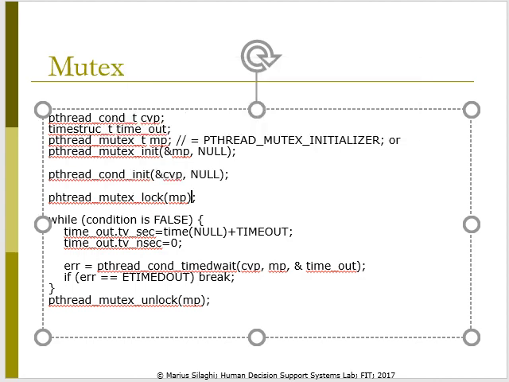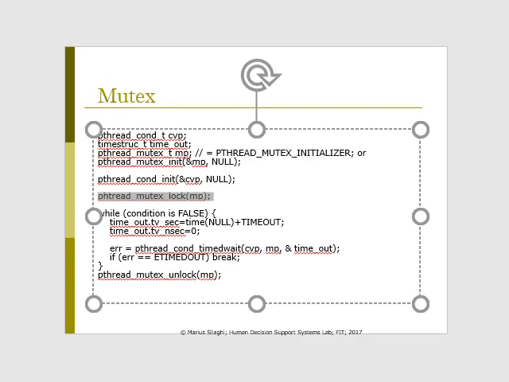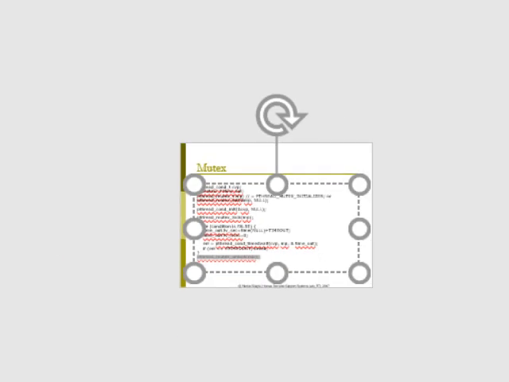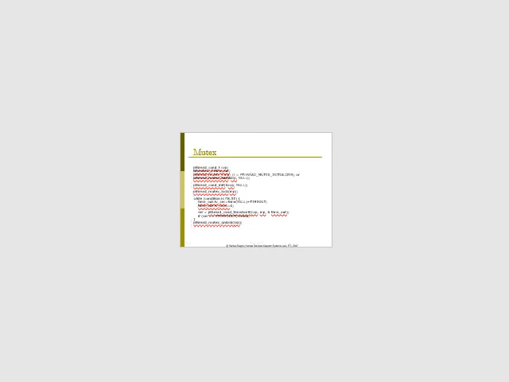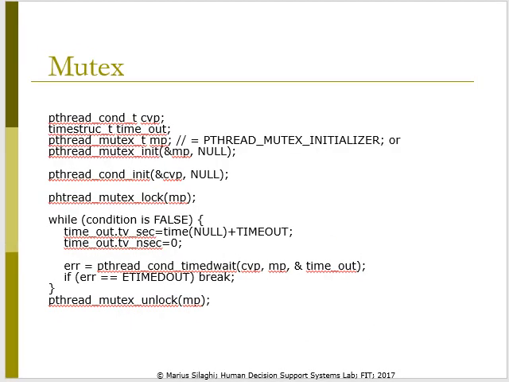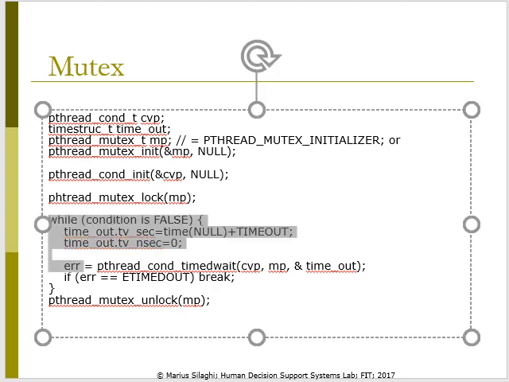As we have seen before, in order to enter the mutual exclusion, a thread has to call pthread_mutex_lock and to exit with pthread_mutex_unlock. While inside the mutual exclusion area, a condition can be tested.